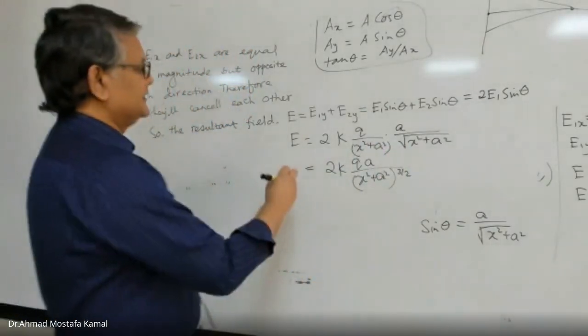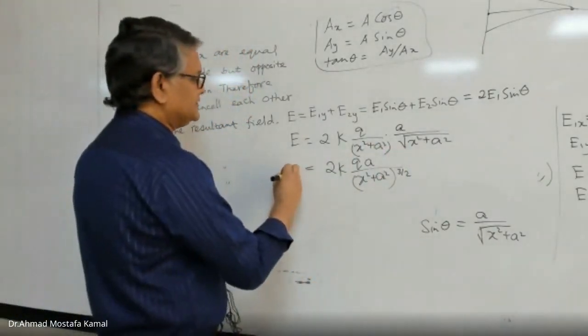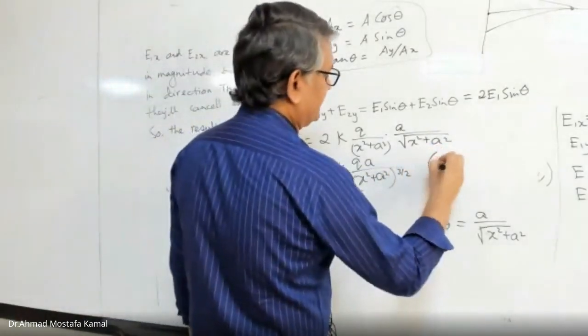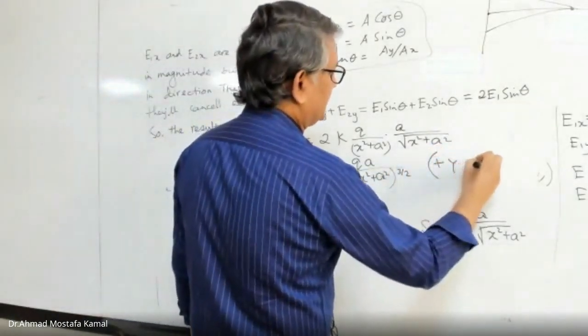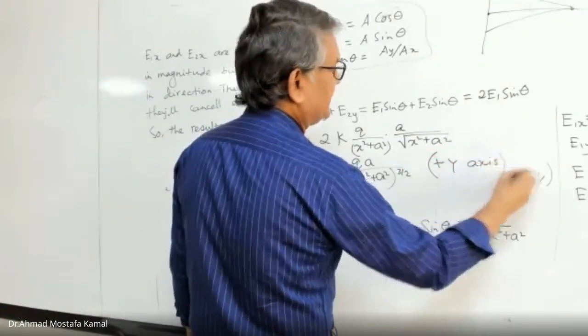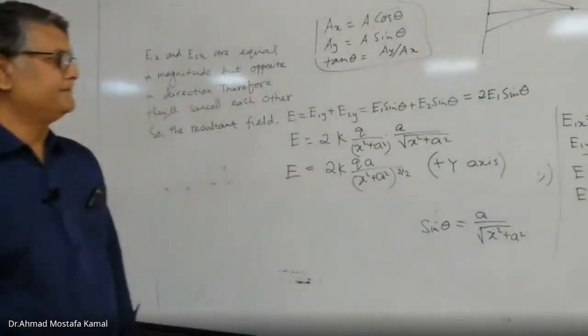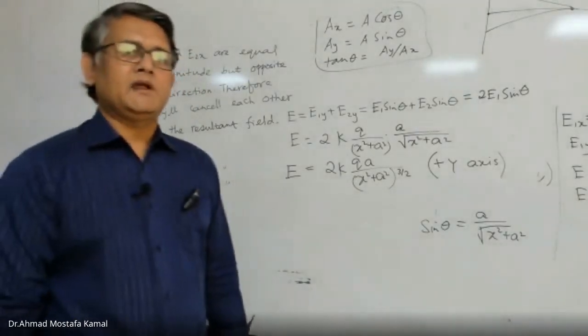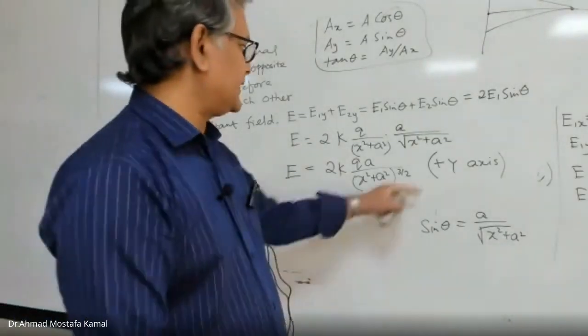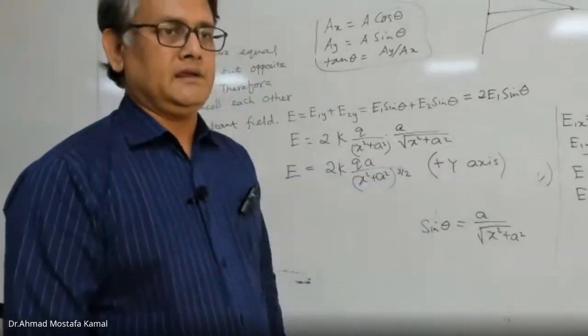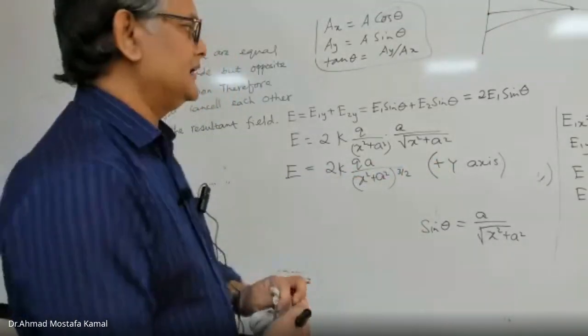So this is the magnitude of the resultant electric field, and it is working in plus y-axis as we decided. E1y and E2y, both of them are working in the same direction, plus y-axis. So you have to write down finally E is working in the plus y-axis, total or resultant electric field.